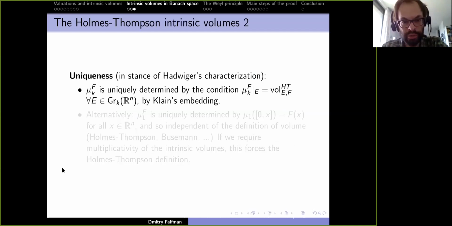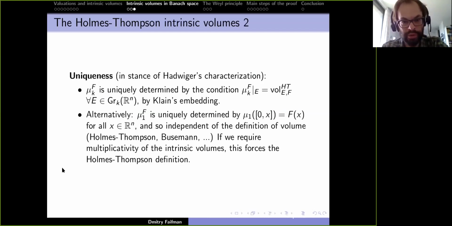Okay, so once again about uniqueness, if you assume that what you want to work with is the Holmes-Thompson definition of volume, then there's just one way forward, and you just hope it works out, and it does. For instance, if you take the Busemann definition of volume, it's not even clear that a valuation can be defined like that.